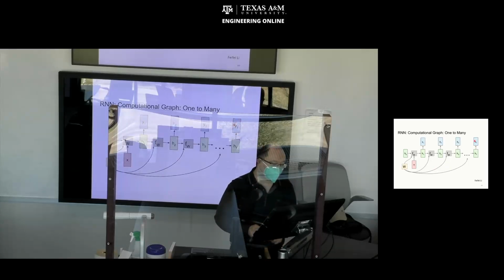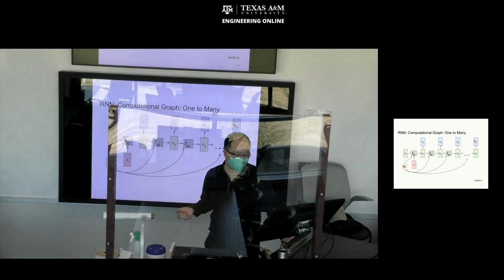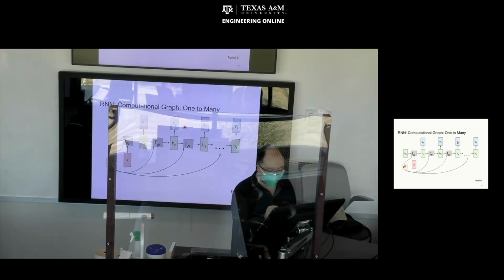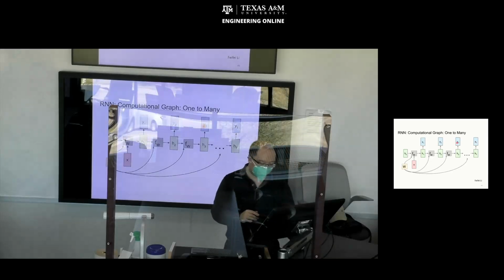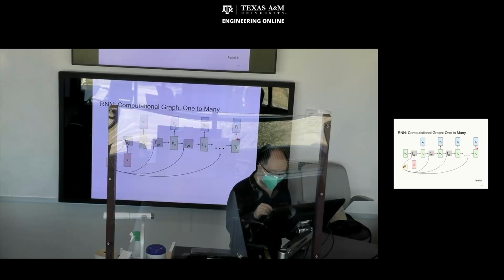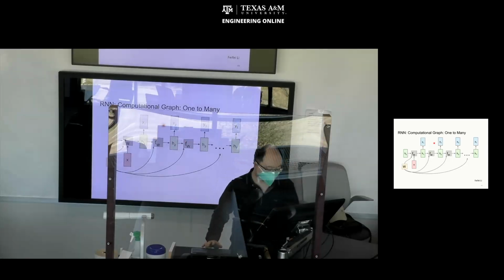And there are also possibilities that you have one to many, like you have an image and you want to caption the image with a sequence of characters or words. In that case, you have this sequence introduced in the hidden layers. Then they correspond to the words, or the characters, in the desired output.